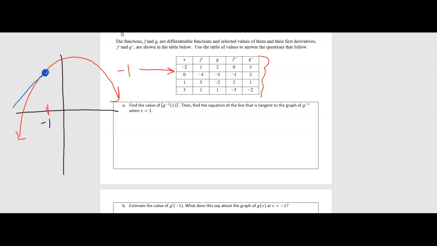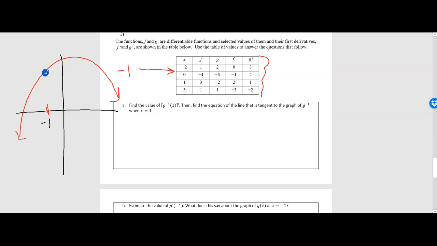Oops, there we go. We're trying to estimate the slope of this blue line right here, the tangent line. This graph represents G of x, so the tangent line of G of x at x equals negative 1.